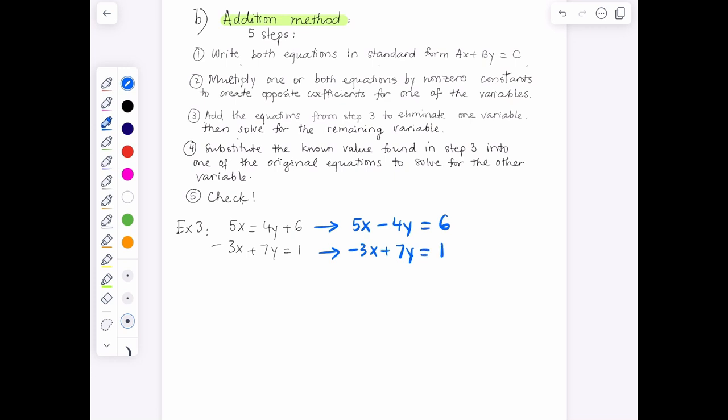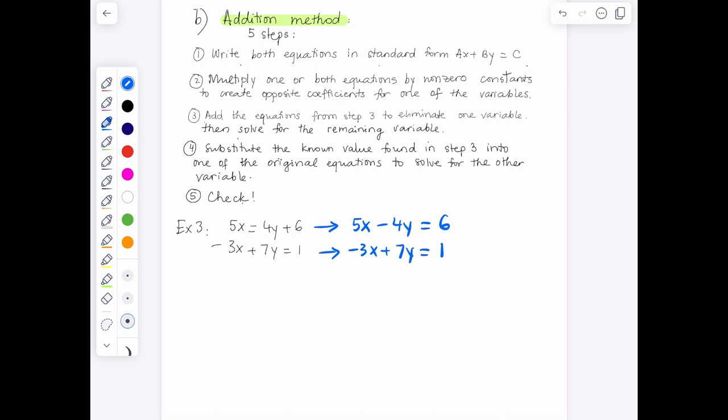Step 2, multiply one or both equations by non-zero constants to create opposite coefficients for one of the variables. We want to do this so that it can help us eliminate one of the two variables. In some problems, it doesn't make a difference if you want to eliminate the variable x or the variable y.